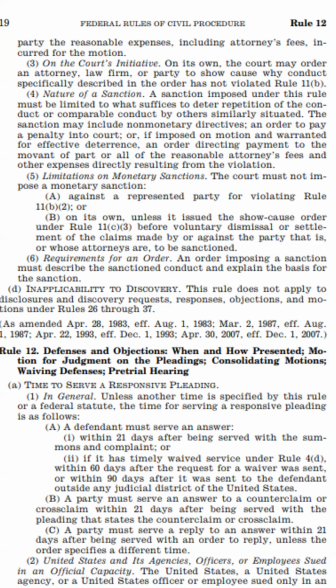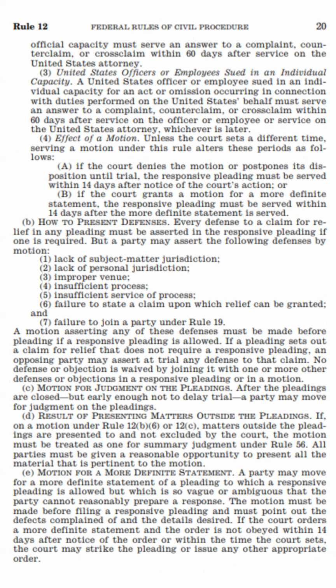2. United States and its agencies, officers, or employees sued in an official capacity. The United States, a United States agency, or a United States officer or employee sued only in an official capacity must serve an answer to a complaint, counterclaim, or cross-claim within 60 days after service on the United States attorney. 3.